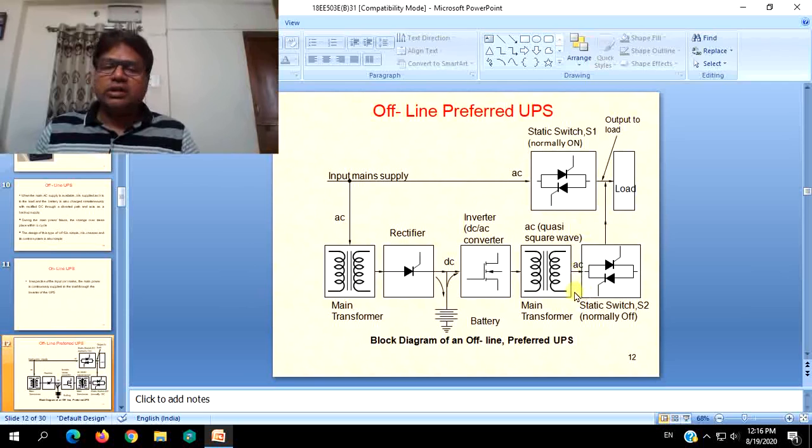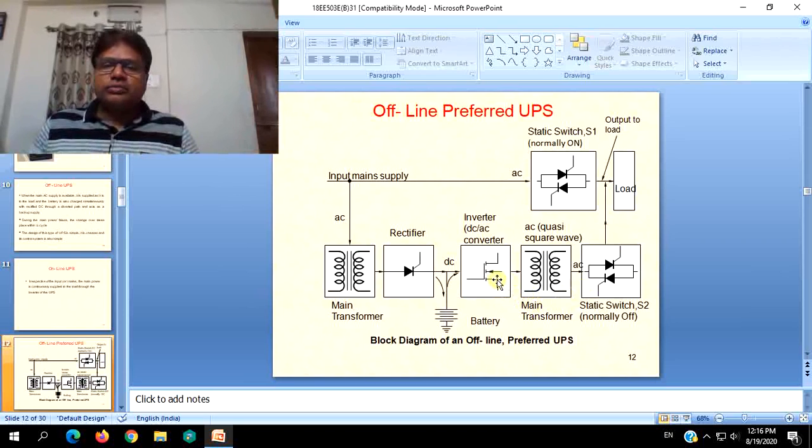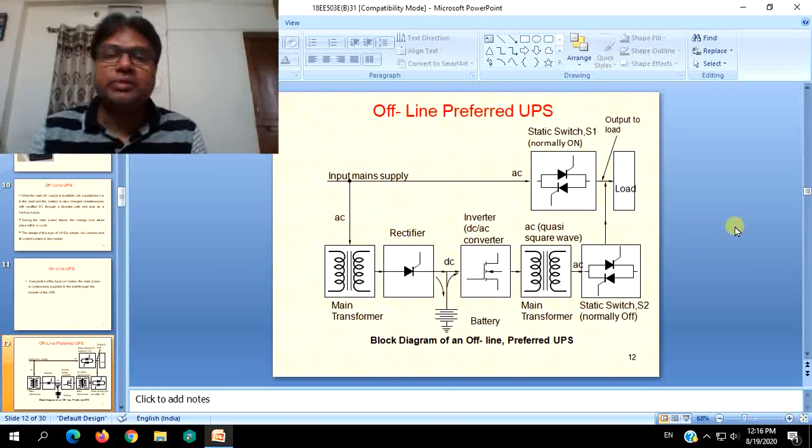You can use other wave shaping equipment in between also; in this block diagram, it is not shown. So this AC from the inverter is fed to the transformer. It steps up and is passed on to the load via switch S2, which will be on when the main supply is off. So that is the concept of how an offline preferred UPS works.